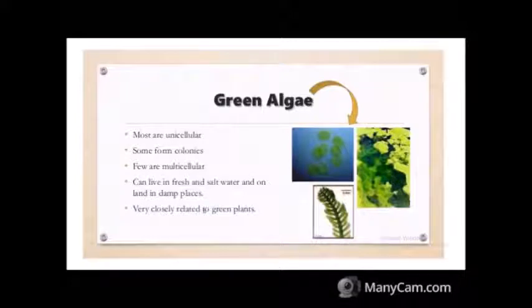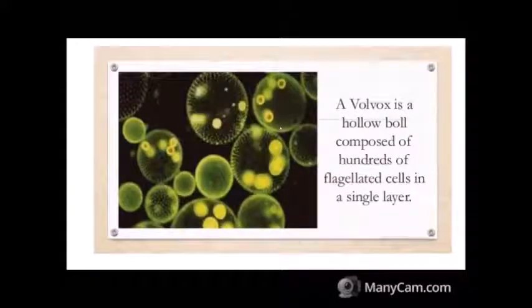And they're very closely related to the plant community that we're going to start talking about today. So I talked about a volvox, which is a hollow bowl composed of hundreds of flagellated cells. So those are all the cells that you're seeing in there.